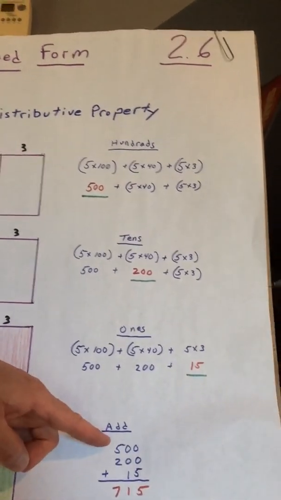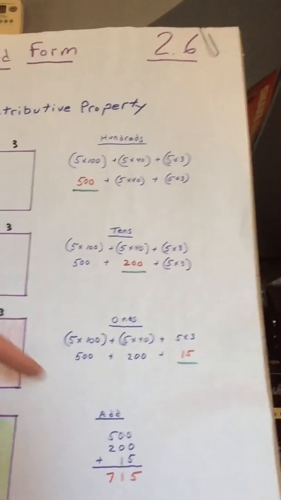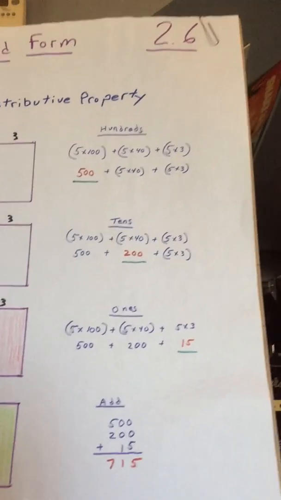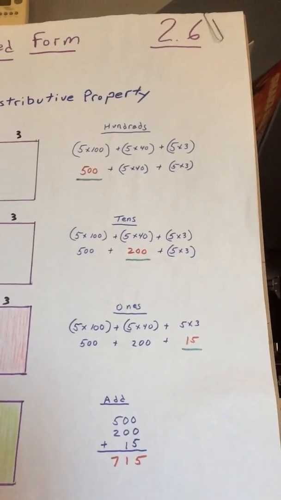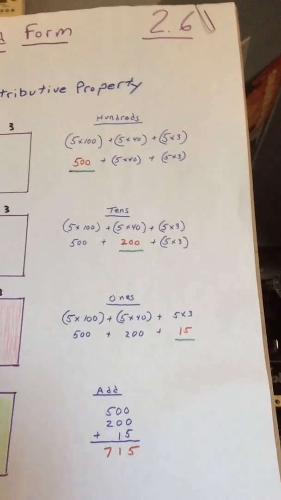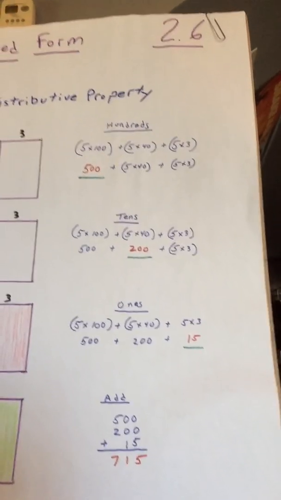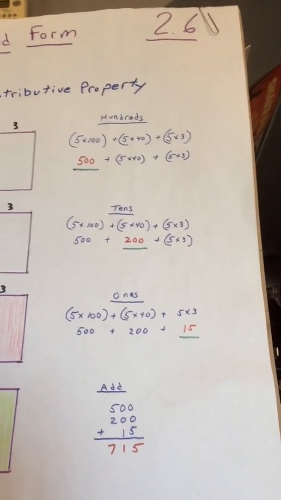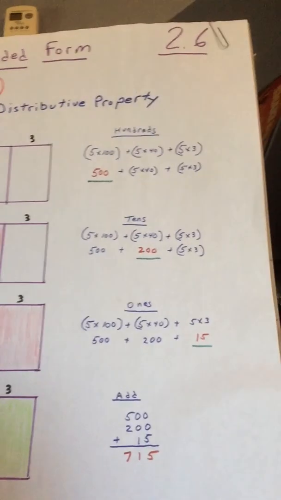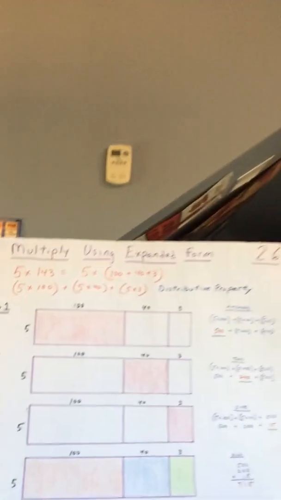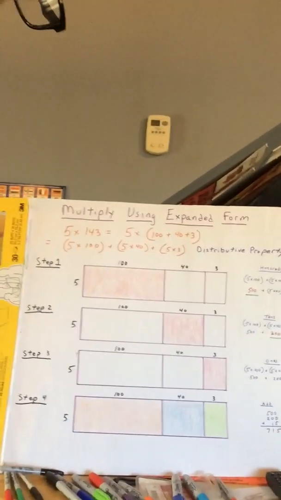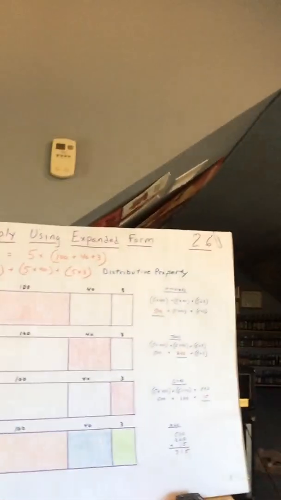We're going to add 500, which was our step 1, 200, which was step 2, and then in step 3, we add our 15. When you do the addition, you get a total of 715. That shows you how to use the distributive property when we're doing multiplication with expanded form.